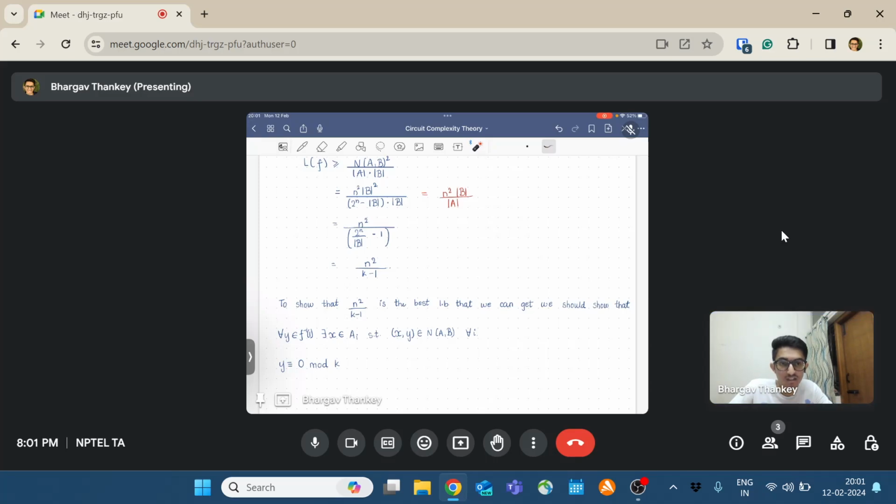So what you are trying to do is remove one thing from f inverse y at a time, removing one string from f inverse y and not keeping it in B, right? I don't think there would be any x in A which is just a neighbor of this. But what would happen is when you remove a big chunk of B, this would happen.